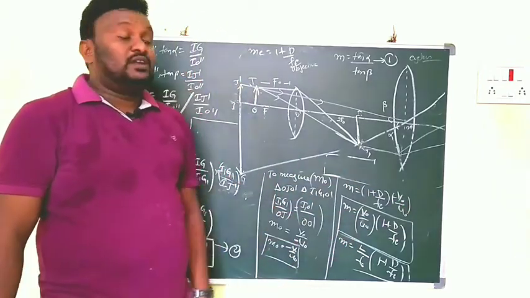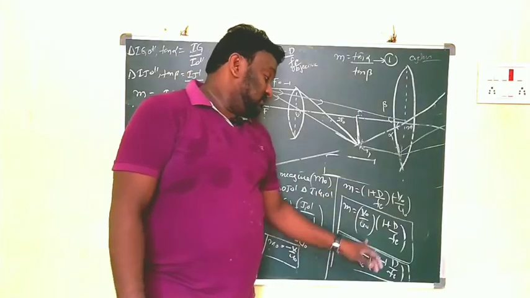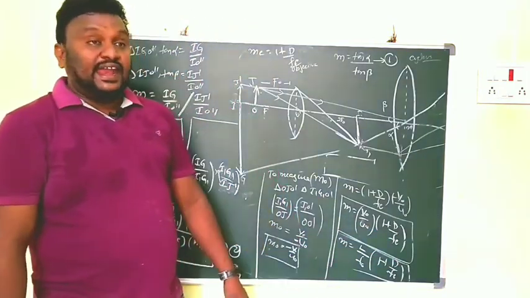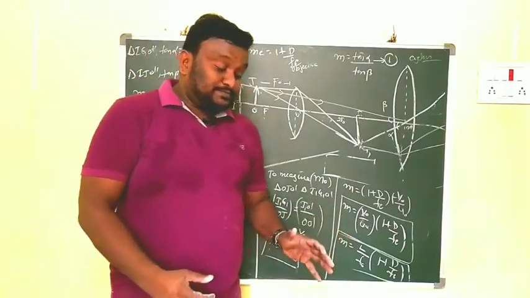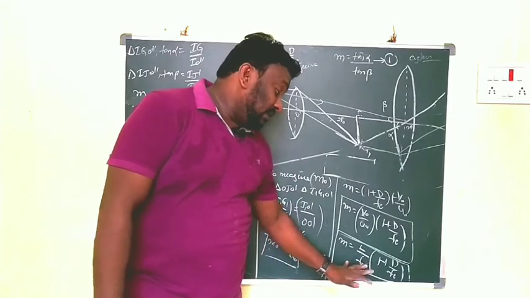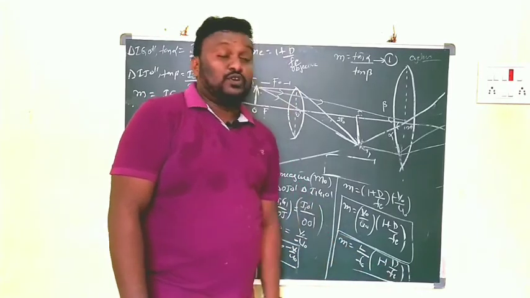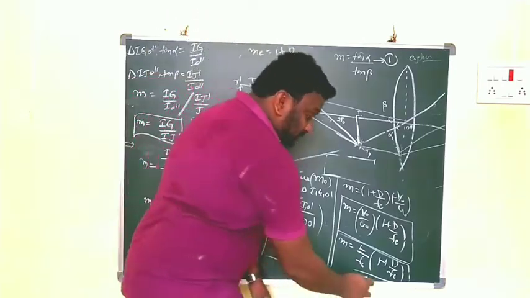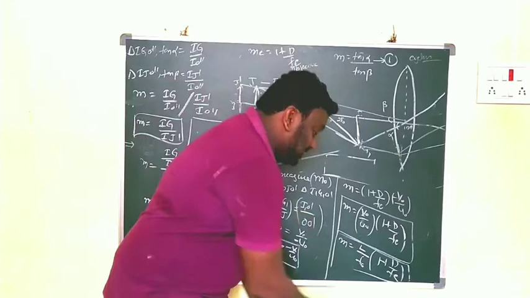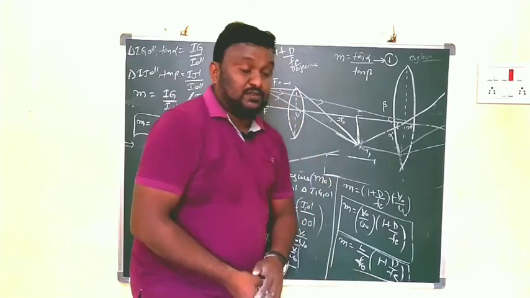So then for the entire compound microscope we take that as positive: V0 by U0 into 1 plus D by Fe. Clear children? And next, when the object is exactly at the focus, we get the formula L by F0 into 1 plus D by Fe.